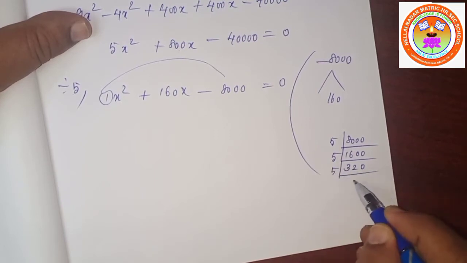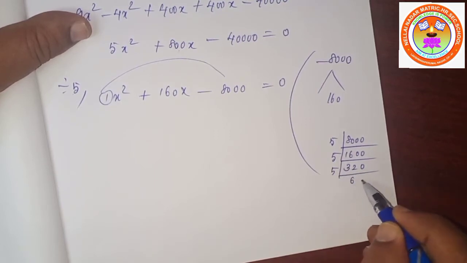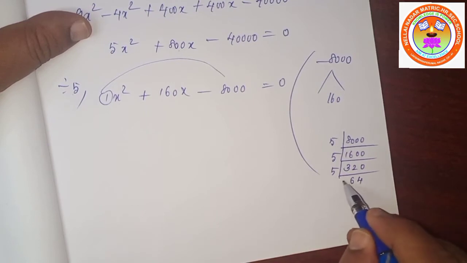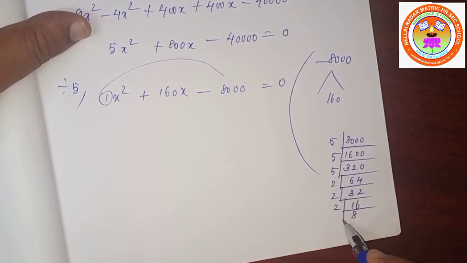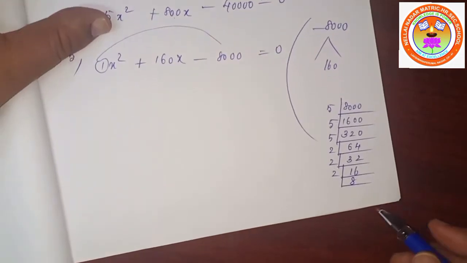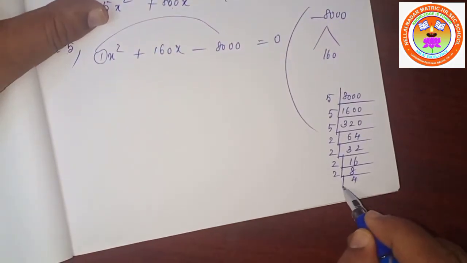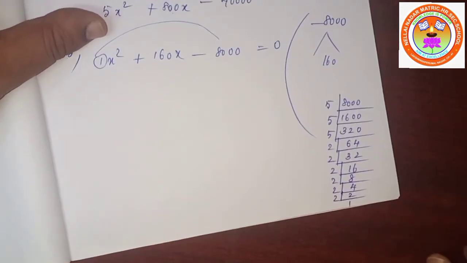Then divide by 5: 64. Divide by 2, 32. Divide by 2, 16. Divide by 2, 8. Divide by 2, 4. Divide by 2, 2. Again divide by 2, 1.